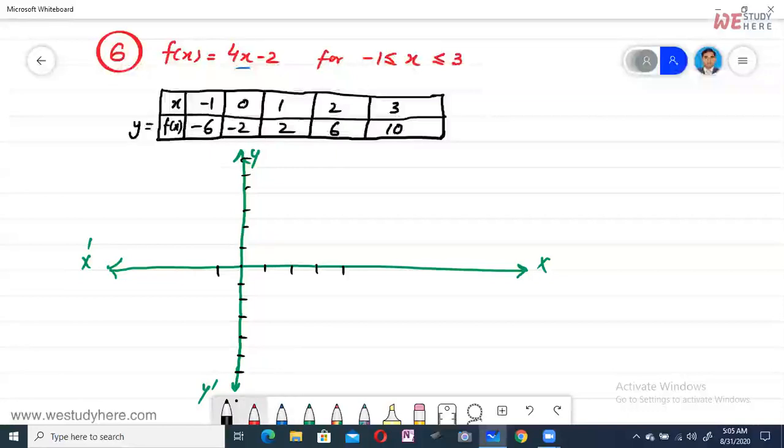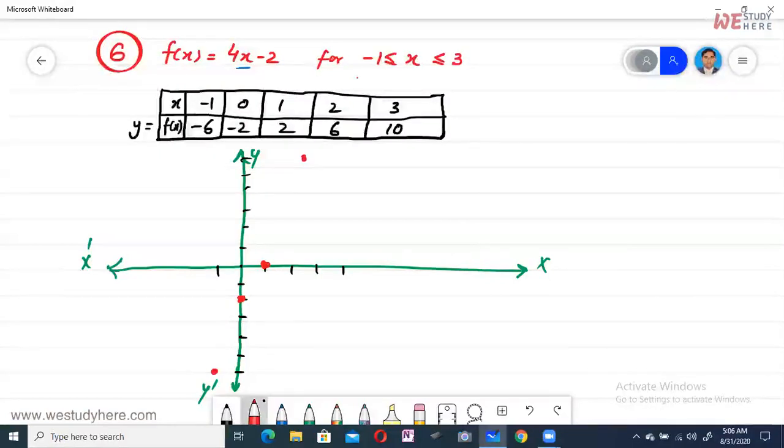Now we have to draw the graph. For that, we need to sketch the points: -1, -6, x is -1, y is -6, this point. Then 0, -2 is this one. Then 1, 2 is this one. Then 2, 6, that will be here. Then 3, 10 will be here somewhere.